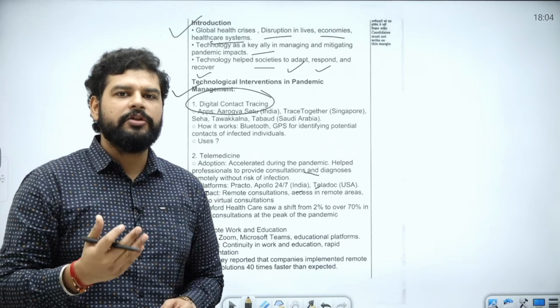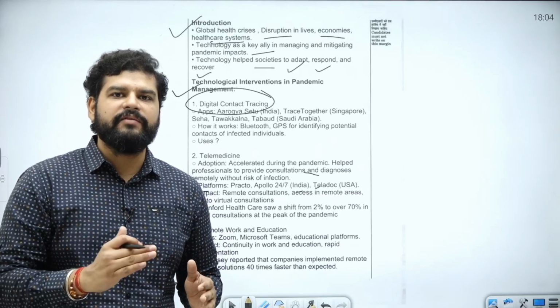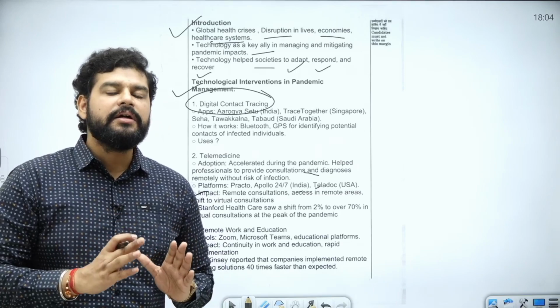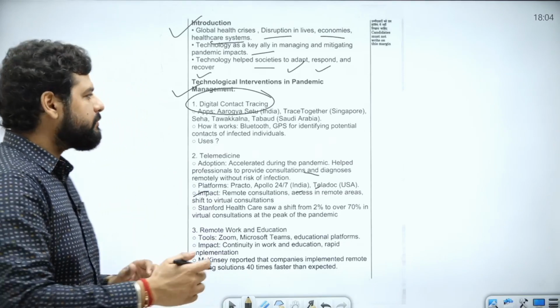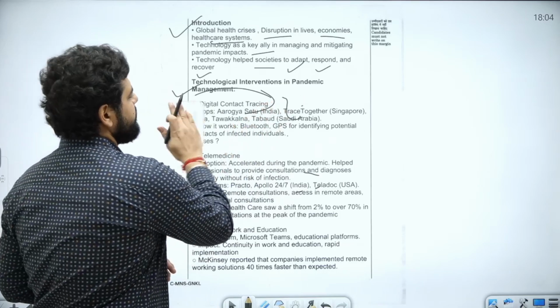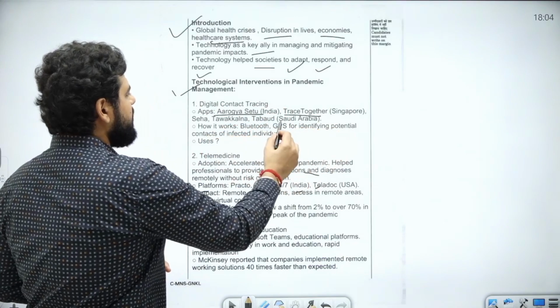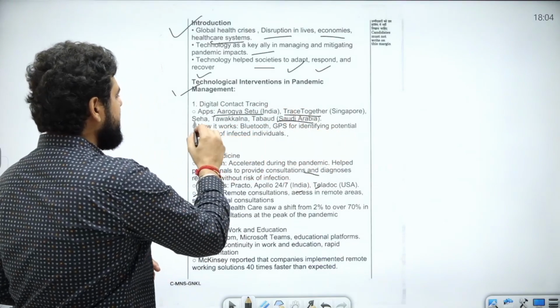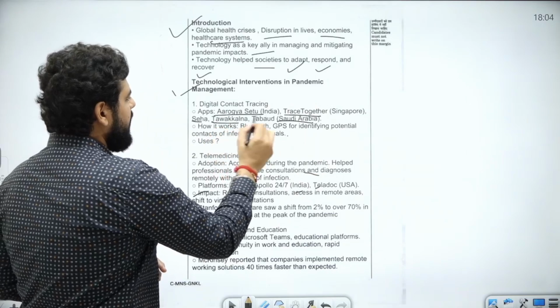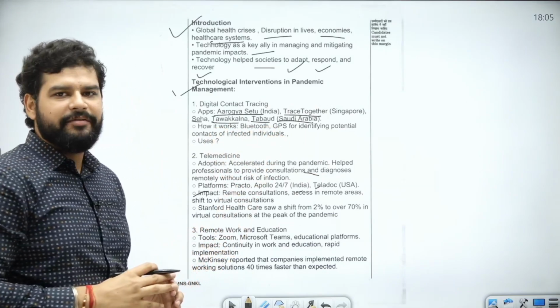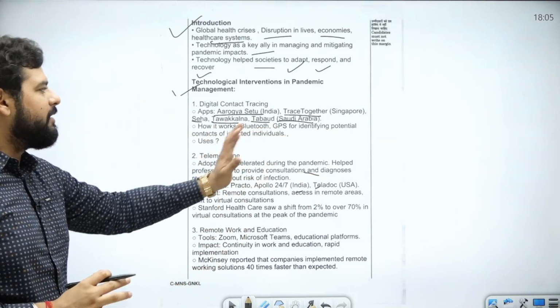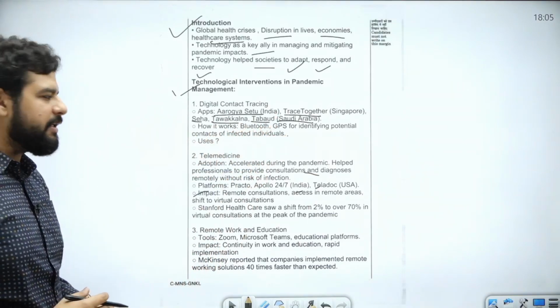So all these things were used to notify people that you have been in contact with the infected person. So examples like Arogya Setu, Trace Together in Singapore. Saudi Arabia had many apps like Seha, Tawakkalna, Taboud. I might have messed up the pronunciation, but yeah. So these particular examples were there.